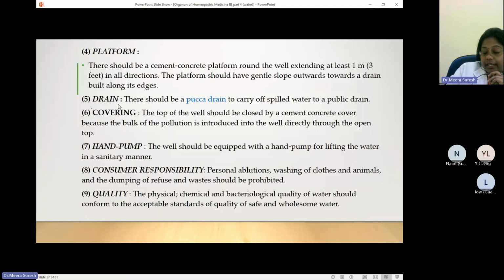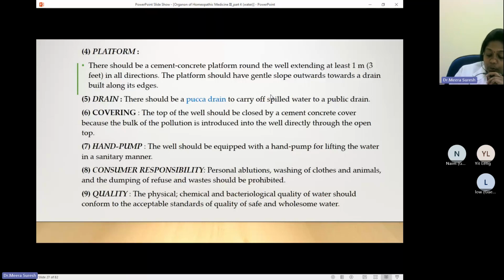So the drain should be a pakka drain made of cement. Already we made the platform sloping in nature, but still it will be very nice if that slope is connected with a pipe or a drain, so that the water does not get accumulated and is just taken away from the well.